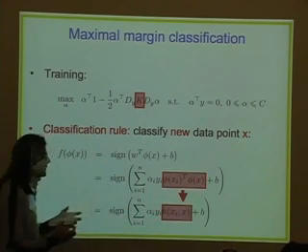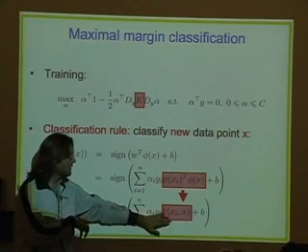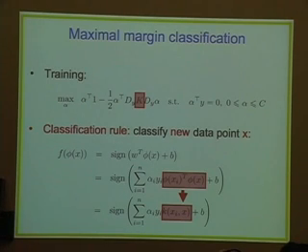So again, by knowing the inner product information, or the kernel function, between all the training data points xi and this new data point x, we can also evaluate the classification rule and classify new data points.